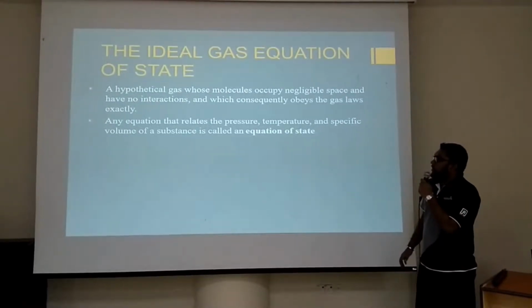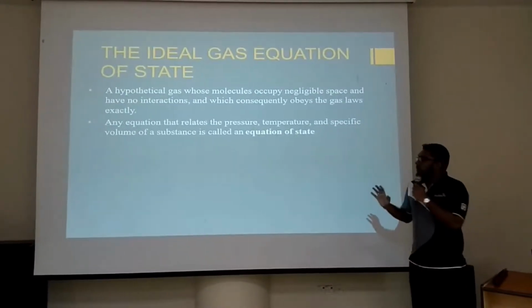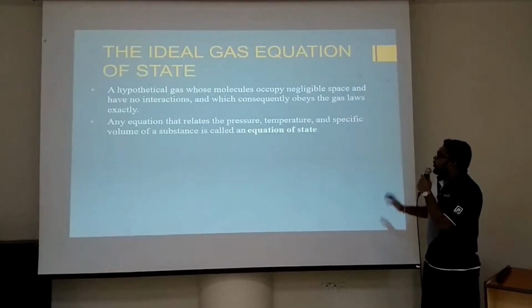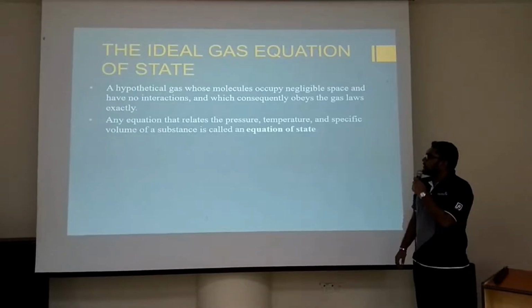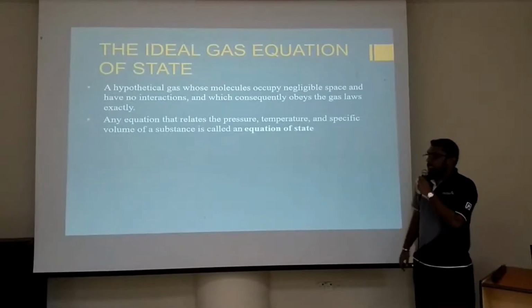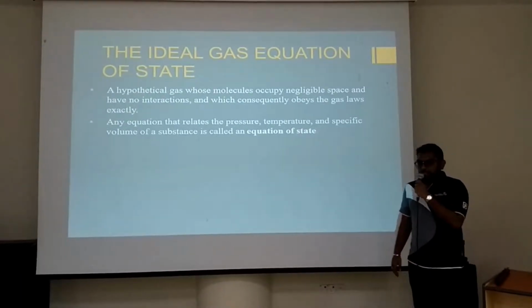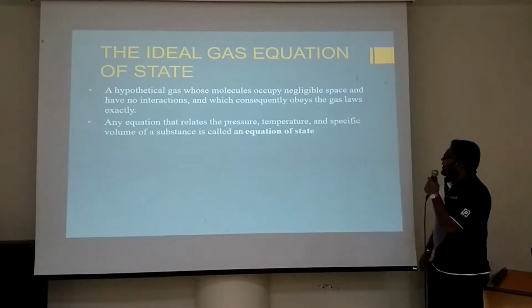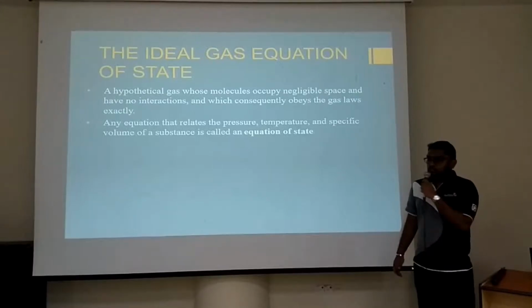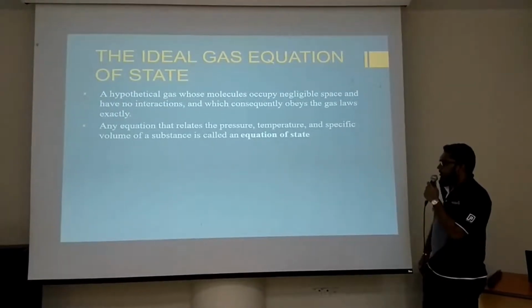As you can see, ideal gas is actually a hypothetical gas whose molecules occupy negligible space and have no interactions, and which consequently obeys the gas law exactly. Second, any equation that relates the pressure, temperature and specific volume of a substance is called an equation of state.